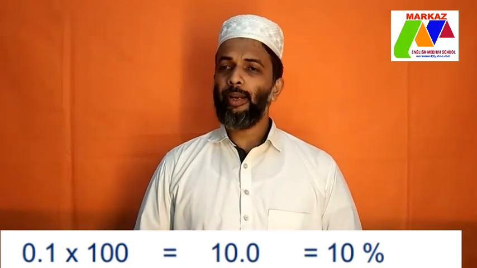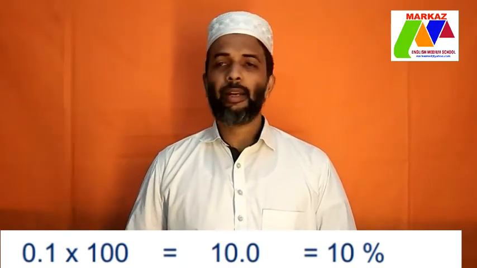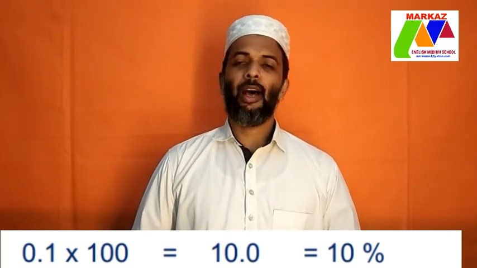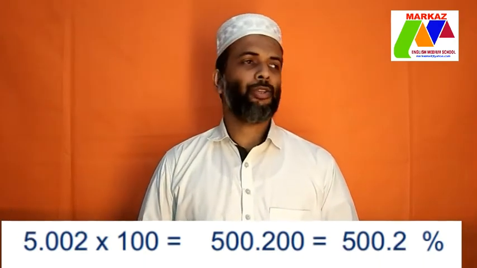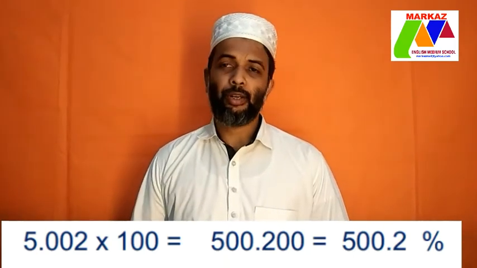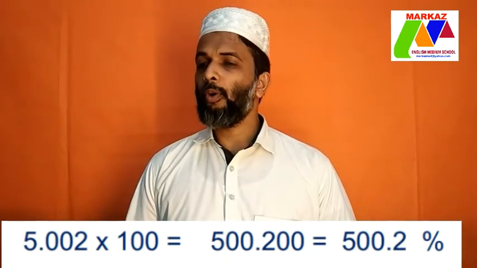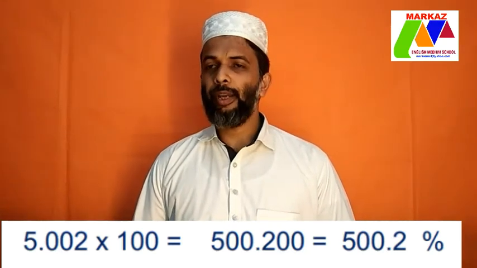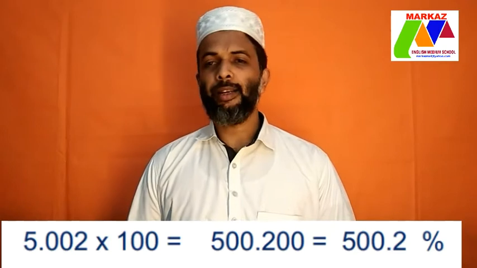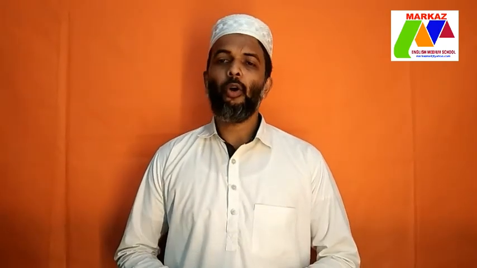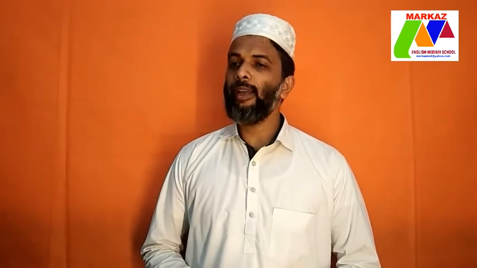Put the decimal point 2 places right side. So 10%. Last one, 5.002 into 100. The answer is 500.2%. Shift the decimal point 2 places right side. Okay. Next, we are going to discuss finding the quantity of a percentage.